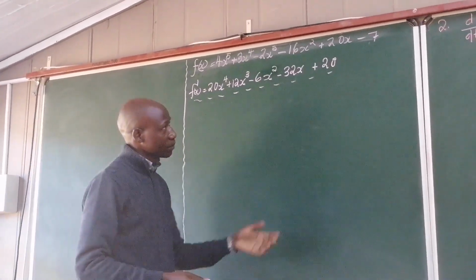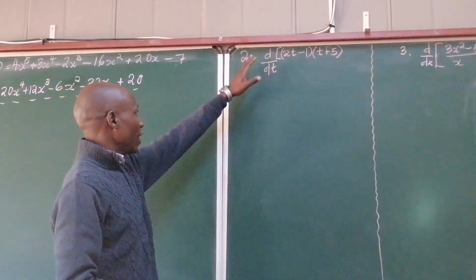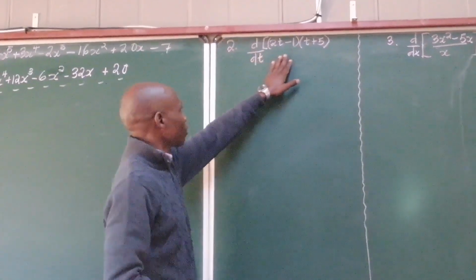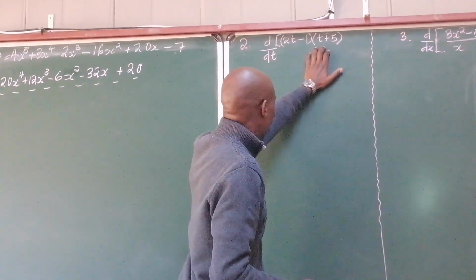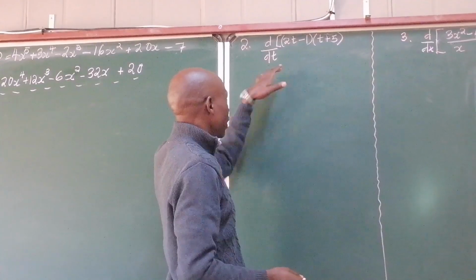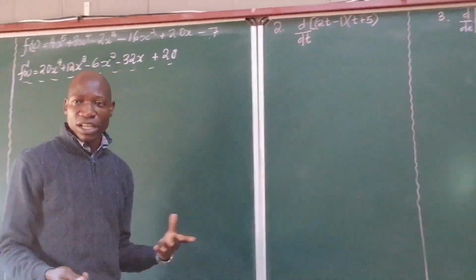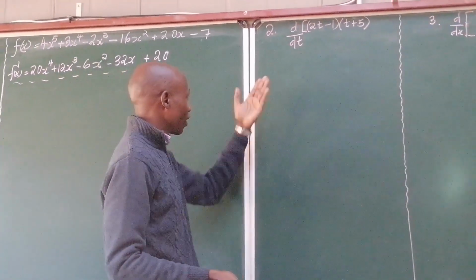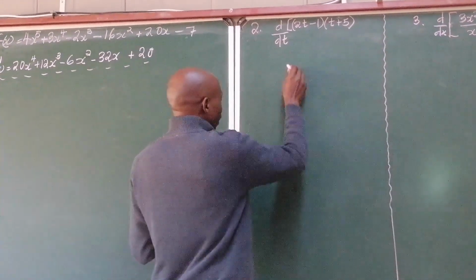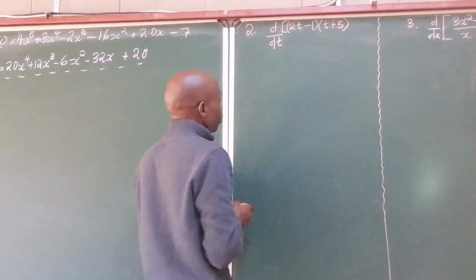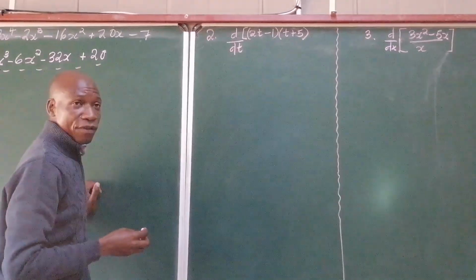The next one is the derivative of (2t minus 1) times (t plus 5) with respect to t. It's not always the case that we have x, so we are working with t. Now there's a problem here, there are brackets, so we must do the preparation first.